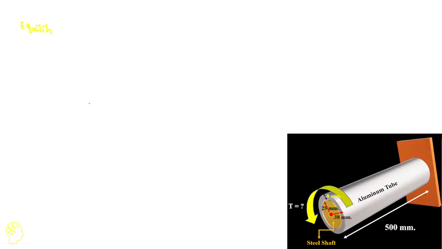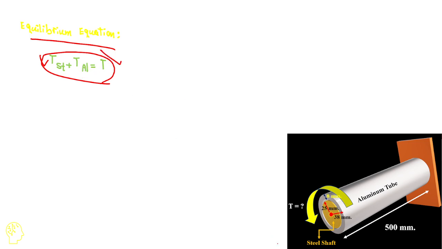Let's approach our problem. Using the equilibrium equation, the share of torsion for steel plus the torsion of aluminum is the total T, which is applied, almost 6325 newton meters.